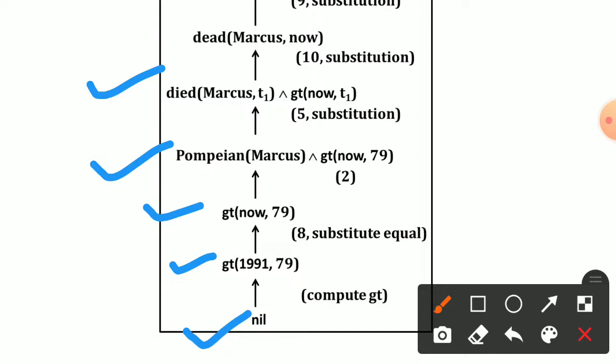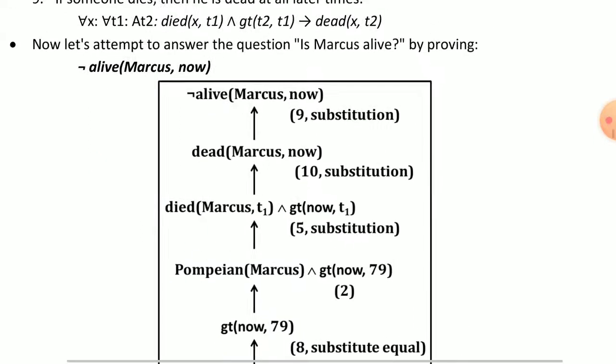Now, if it is that, then Marcus, now, it is another possibility. So we can find another possibility, and we all know that Pompeians do not live greater than 150 years.